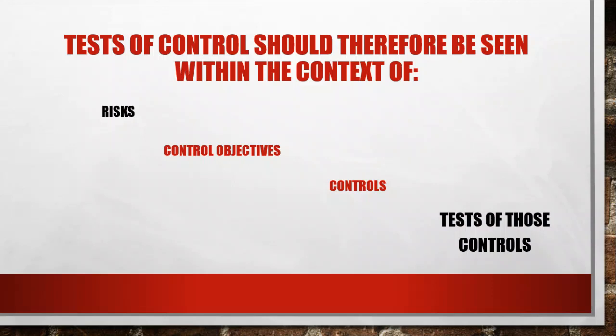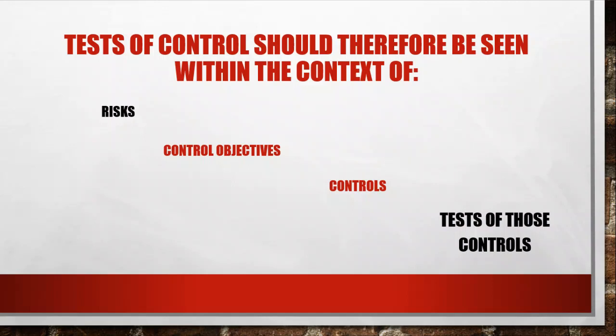So what is control objectives? Simply put, control objectives are the ideal situation, what the organization will look like if there's no risk. So control objective is the ideal situation, what we want the organization or the process or the procedure to be, or to have been, all things being equal.